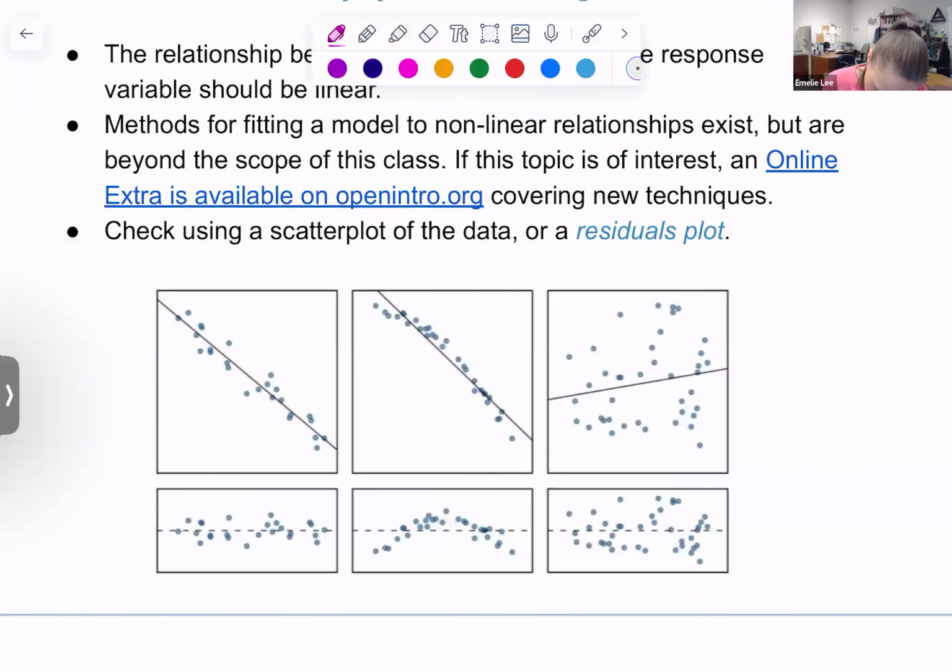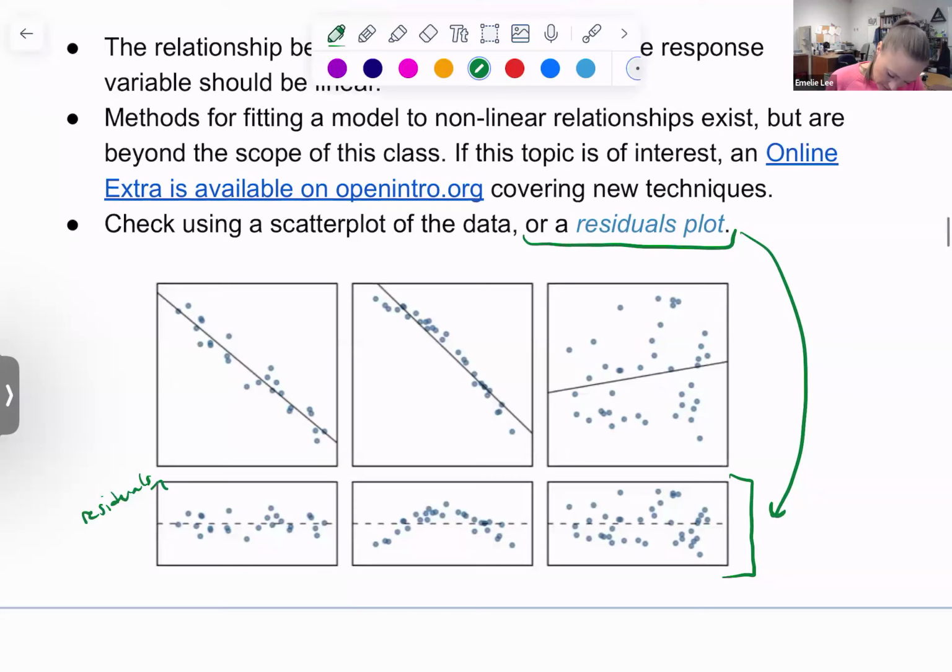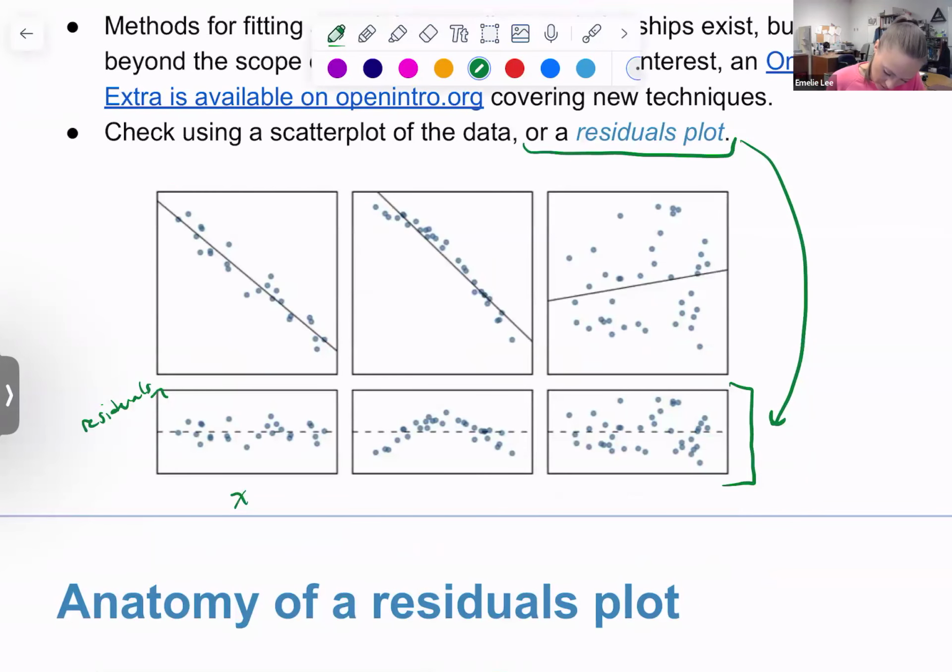The residual plots are these ones here, where you plot the residuals on the y-axis, and the explanatory variable on the x-axis. And so then what you're looking for is random scatter around 0.